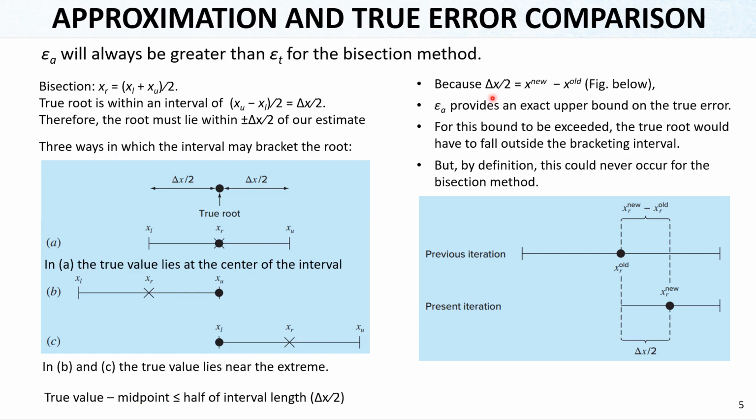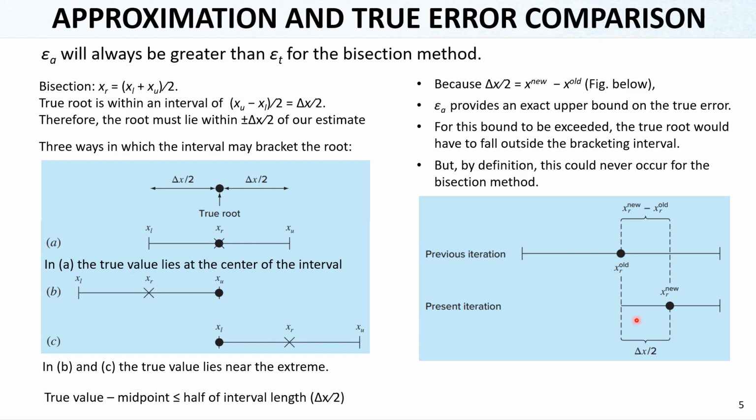And on the right hand side, we know that delta x divided by 2 is x new minus x old. Let's see the figure below. In the previous iteration, with lower bound and upper bound, we got the midpoint as the x new, but this is actually for the previous iteration. So we set this now as the lower bound of the present iteration.